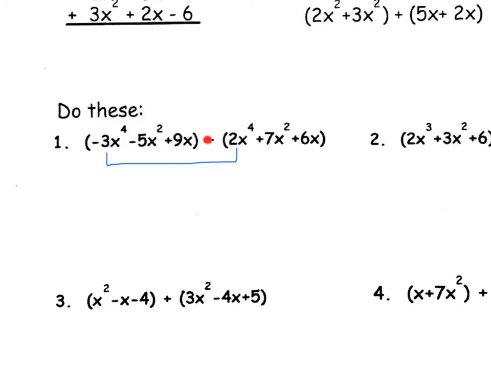You have to hit the sign and then go into the other set of parentheses. So we do negative 3x to the fourth plus 2x to the fourth. It seems pretty trivial right now, but it makes a whole world of difference when we get to subtraction. So, bounce here. Negative 3x to the fourth, 2x to the fourth, that would be negative 1x to the fourth.